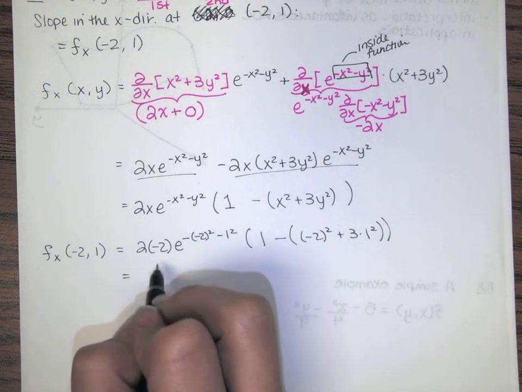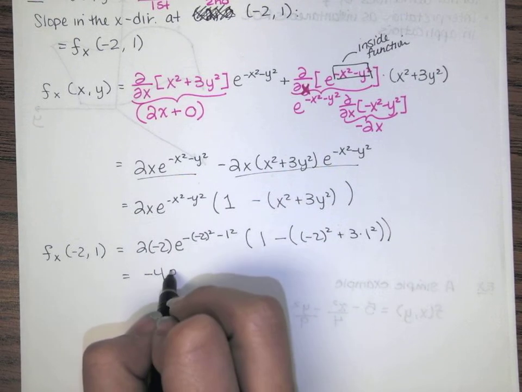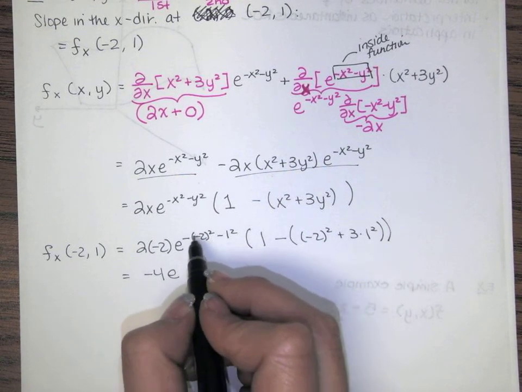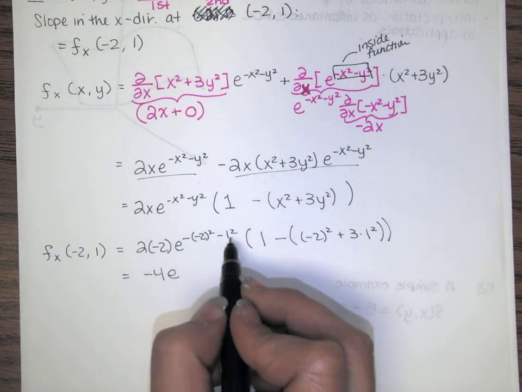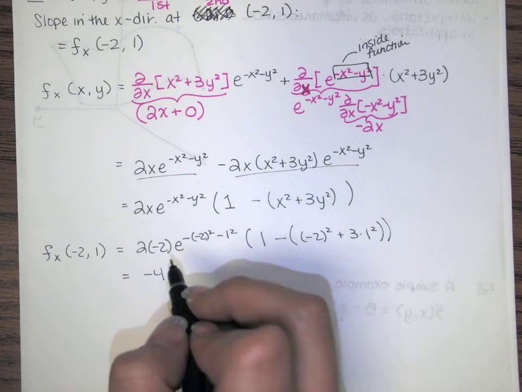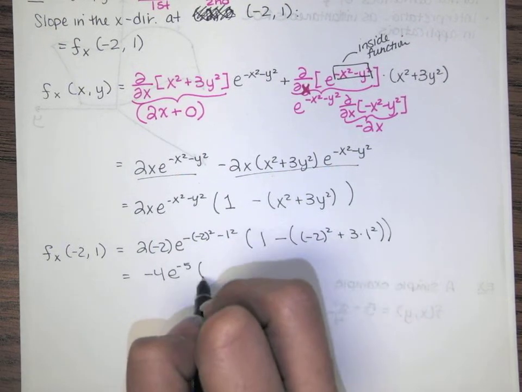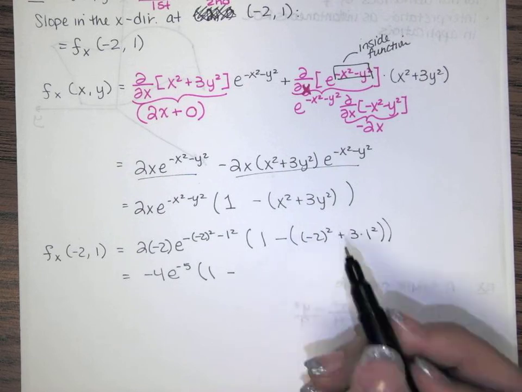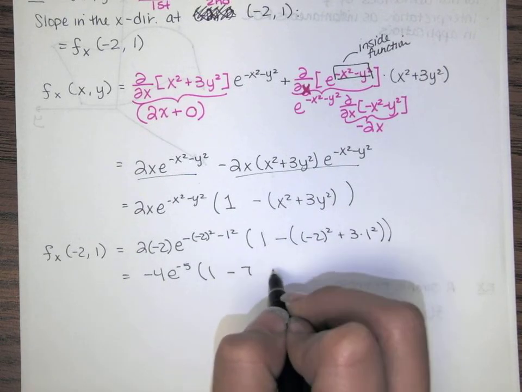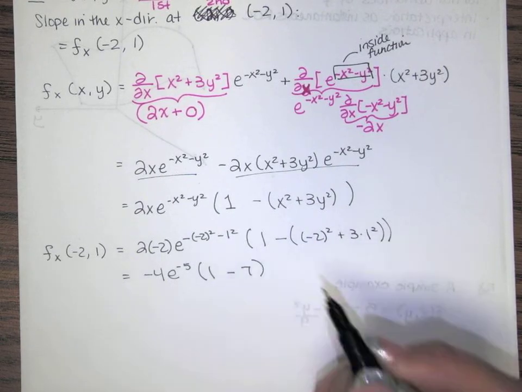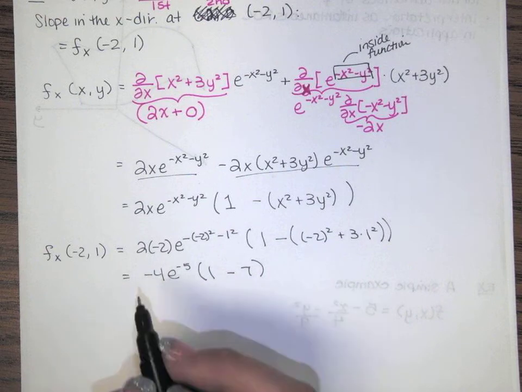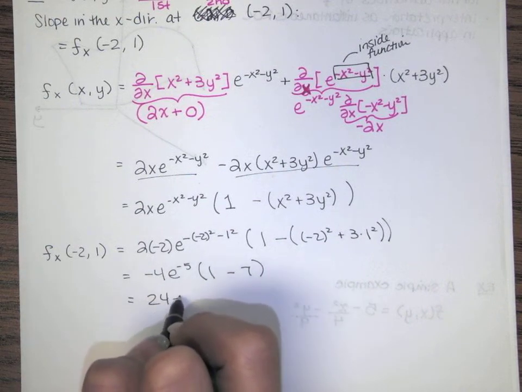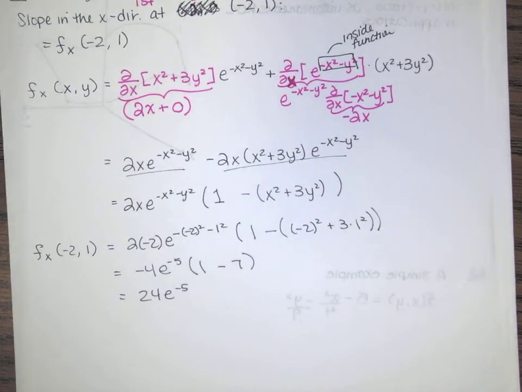So I've got -4 here. This is e to the, well, that's a 4. That's a 4 minus a 1, so it's -4 minus 1 is -5. Over here I have 1 minus, that's a 4 plus 3 is 7. So I have a -6 times a -4, that's positive 24 times e to the -5th.